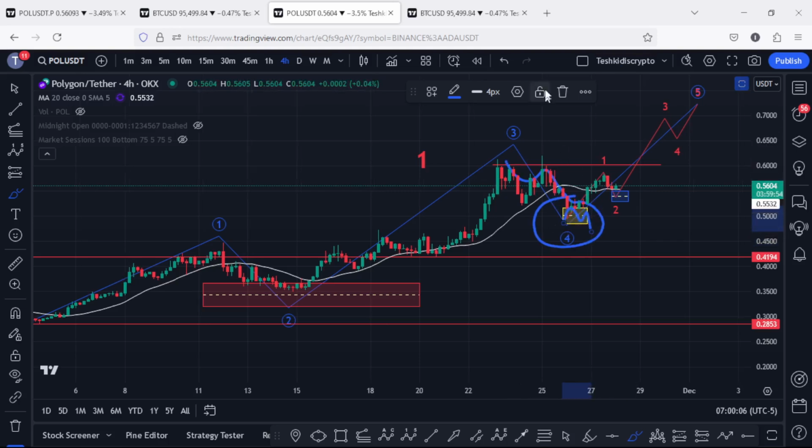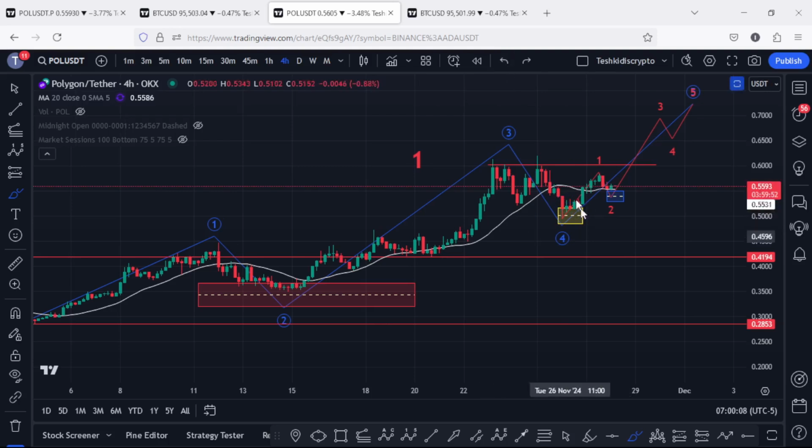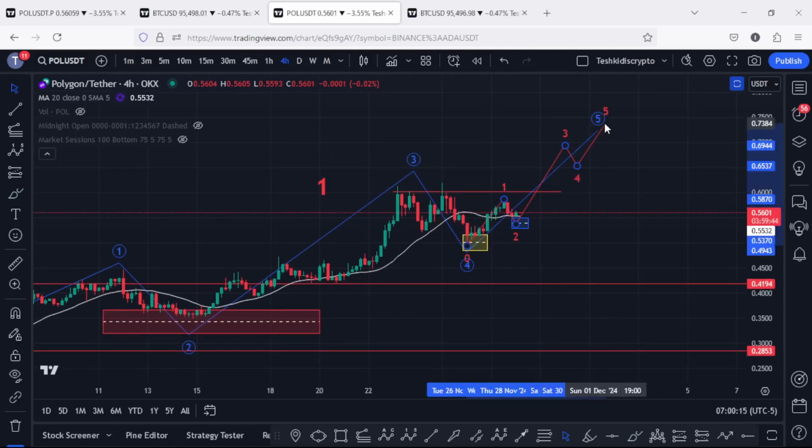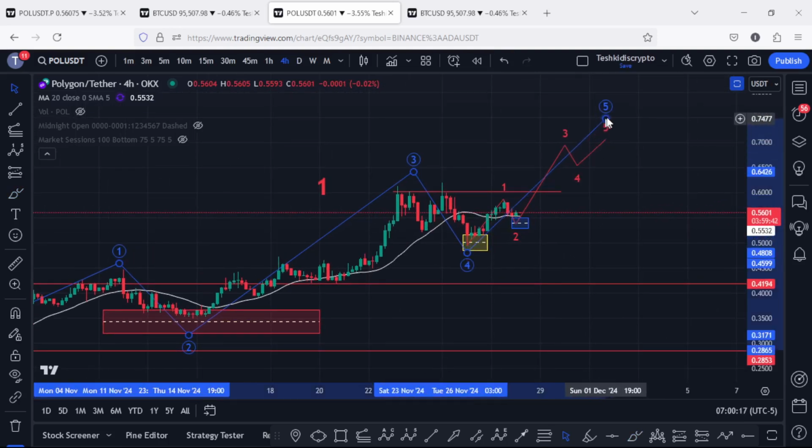using this yellow target area, an area that we have now fully maximized and is now giving us a reaction to the upside in what I believe is the start of an impulsive additive count 5 right here in blue.